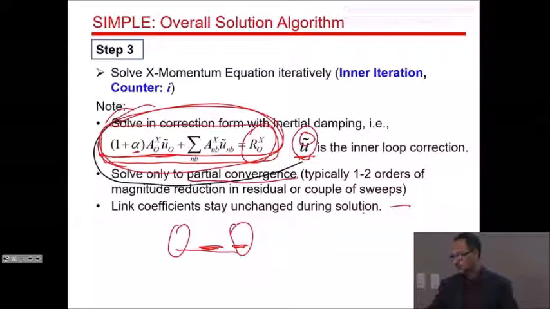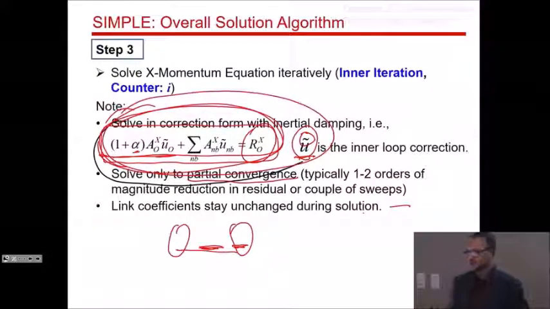I calculate the residual of this equation. Okay, that basically tells me how much momentum imbalance I have, because at this point I haven't even solved the momentum equation. You understand? So I started with U superscript K, my guess. Okay. I'm using that U superscript K and I'm calculating this residual right here.